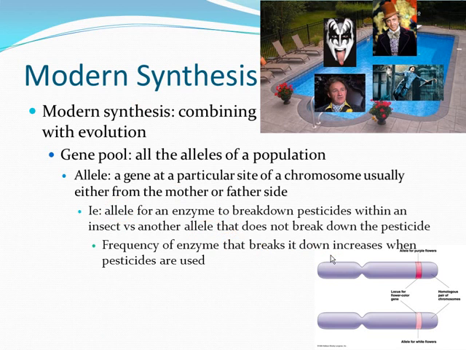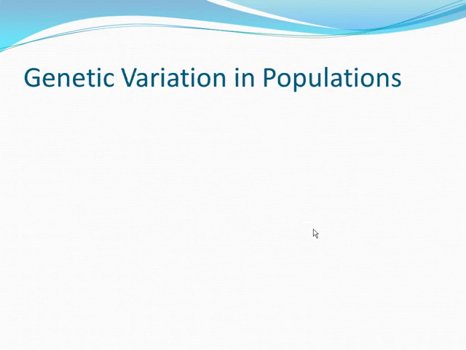Of course, the amount of those that have this particular allele will increase if pesticides are used, because they kill off all those that don't have that allele that breaks it down. If they don't have it, they're going to die off and not be able to reproduce and pass it on to their offspring.